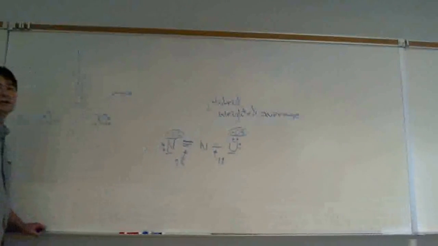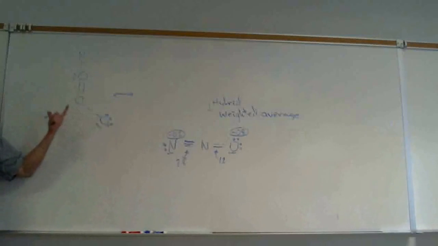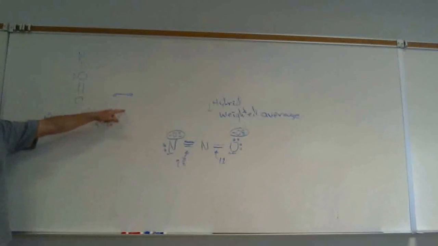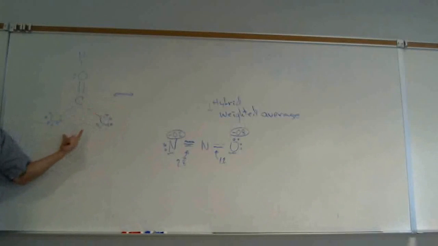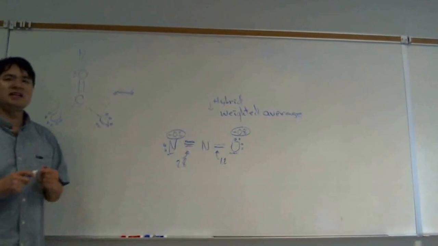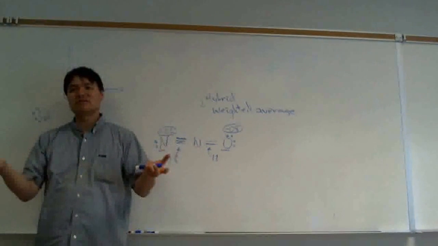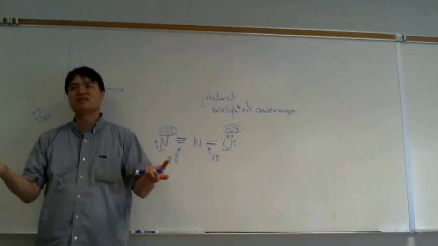Remember this? Bicarbonate? But the thing is, this one is so unstable compared to the other two that the percentage of this is very small, that I completely ignored it. So we ended up with two resonance forms for that. Whereas, is it really a huge difference between oxygen and nitrogen in terms of electronegativity? No. They're close.